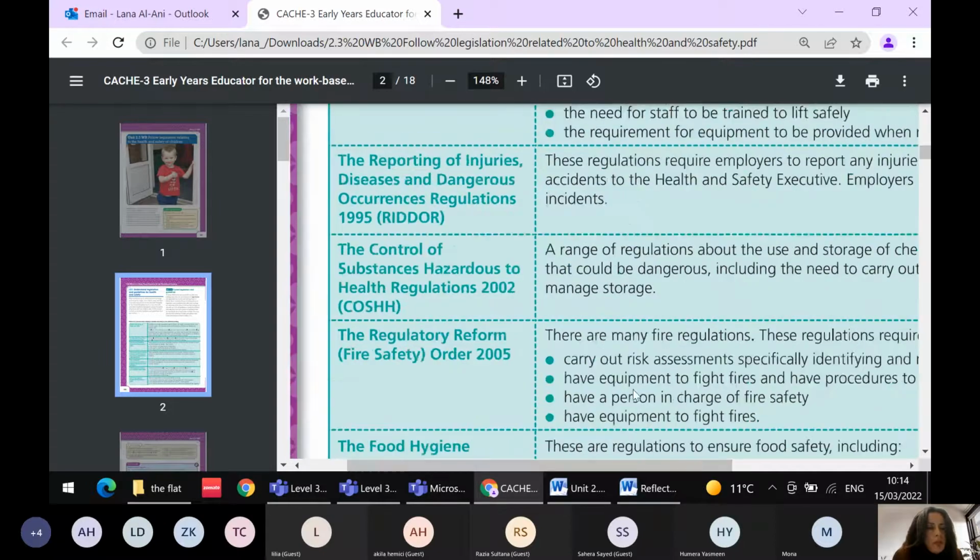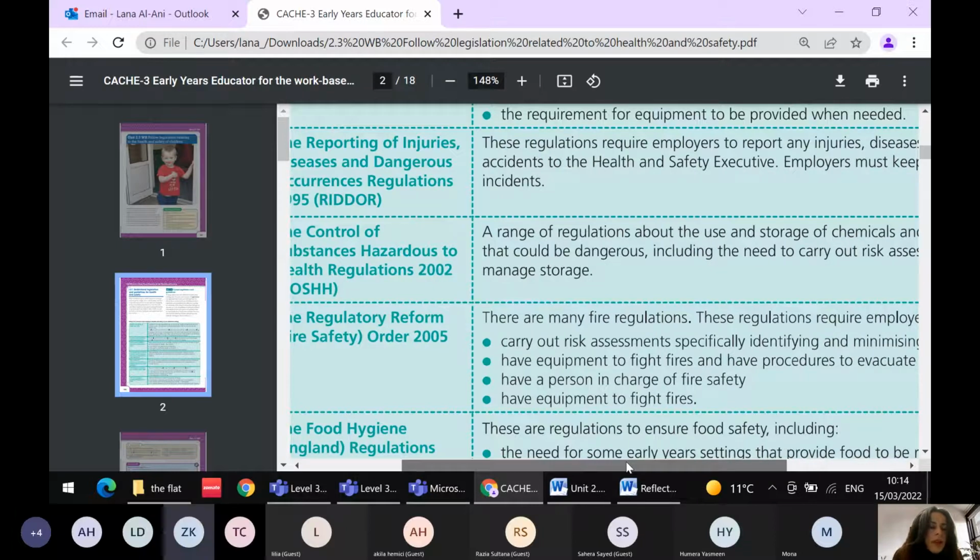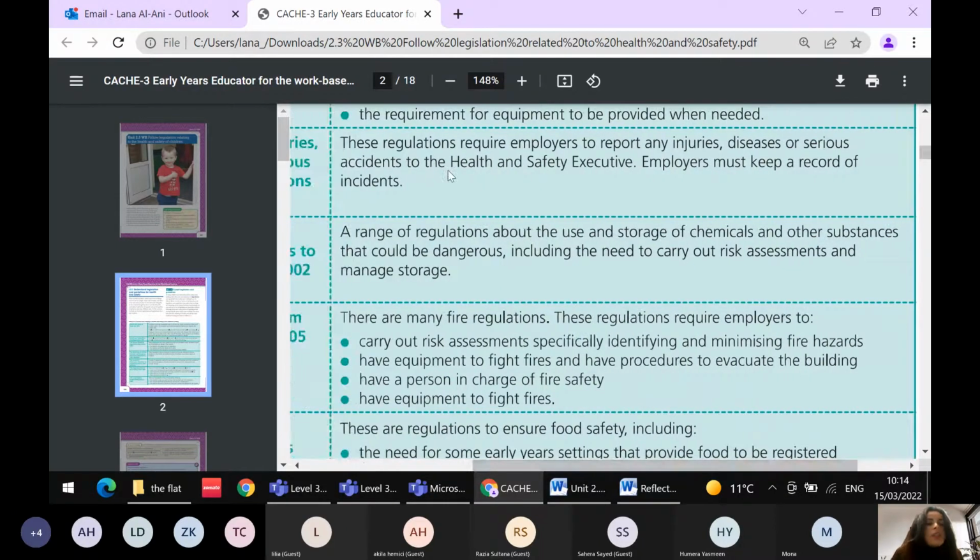Also, the Reporting of Injuries, Diseases and Dangerous Occurrences Regulations 1995. What's this all about? This regulation requires employers to report any injuries, diseases, serious accidents to the Health and Safety Executive.